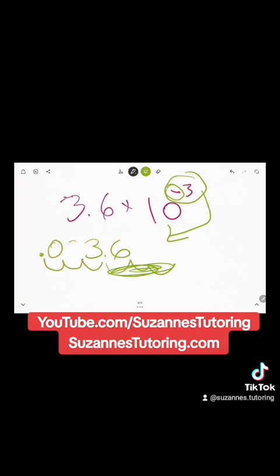And you fill in the zeros where this -3 should be. And then let's put a little 0 in front of this decimal to make it look pretty. So we have 0.0036, which is the exact same thing as 3.6 times 10 to the -3.